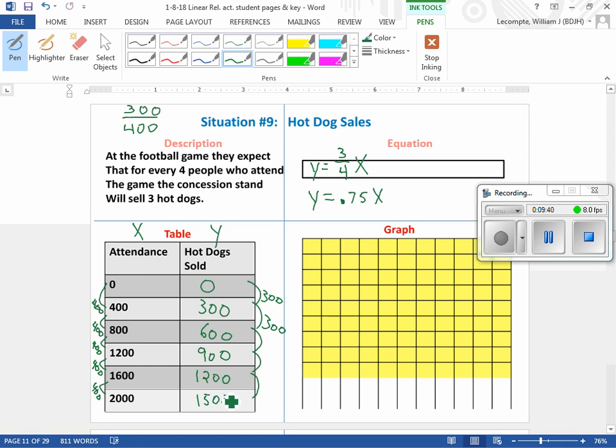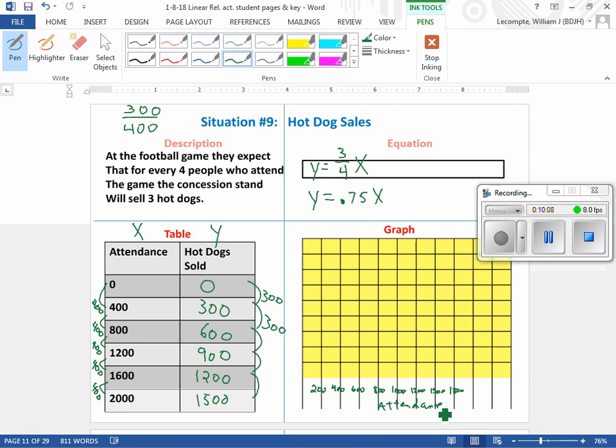So when we go down here to put it on display, right in our graph, we got 200, 400, 600, 800, 1,000, 1,200, 1,500, 1,800, and that's attendance. And then on the other side, basically going up, so we'll just use 200 as well.